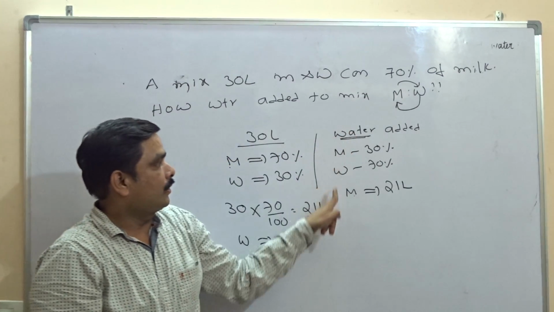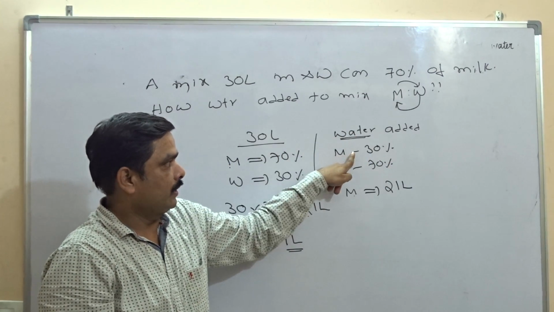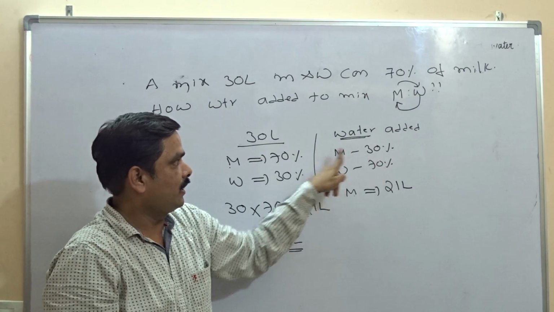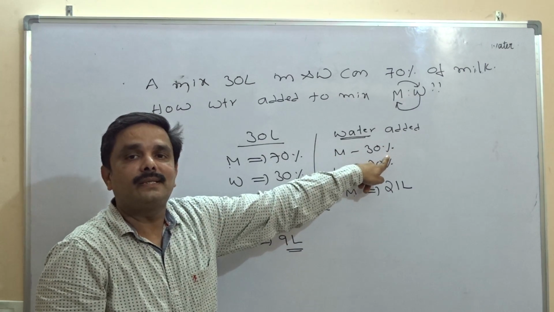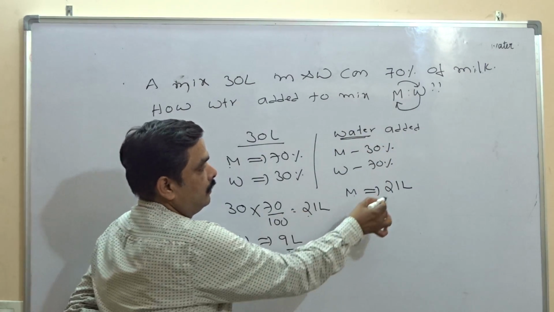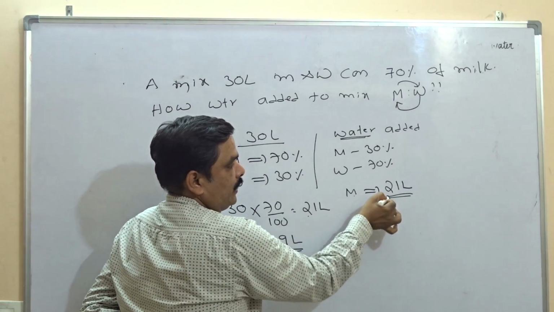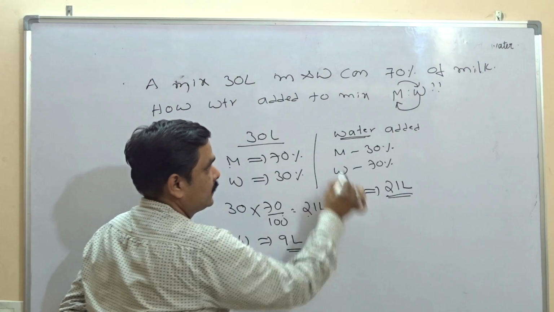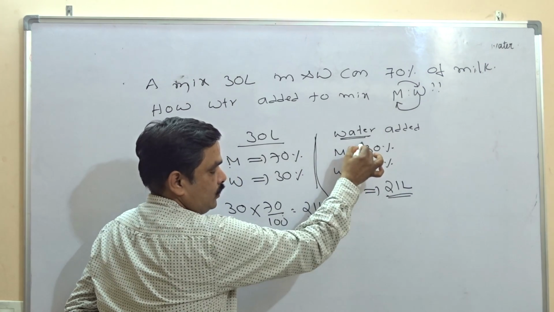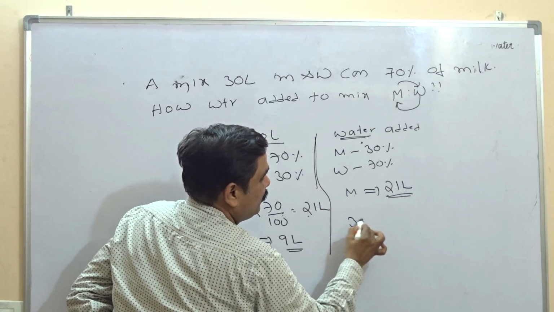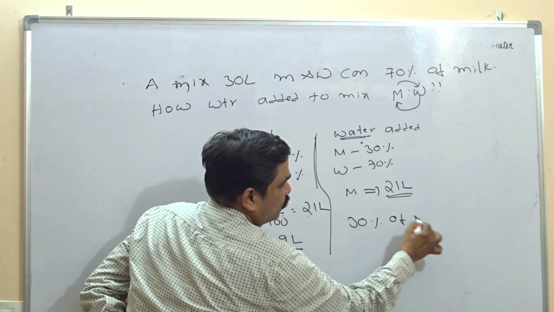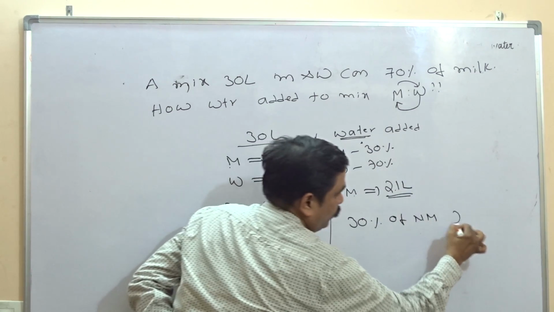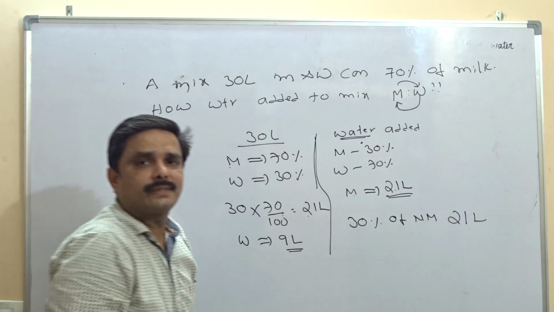Now how much water should be added so that water becomes 70 and milk becomes 30 is the question. In the new mixture, the quantity of milk is 21 liters. It is carried forward. Now my unitary equation is like this. In the new mixture, 30% of the new mixture is equal to 21 liters.